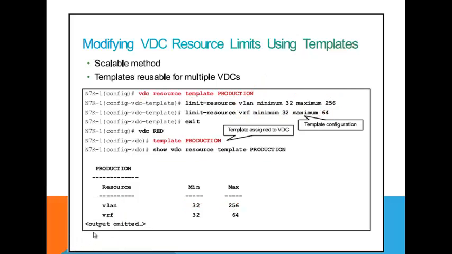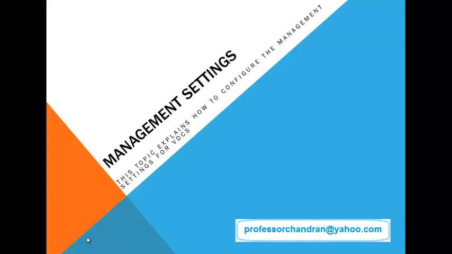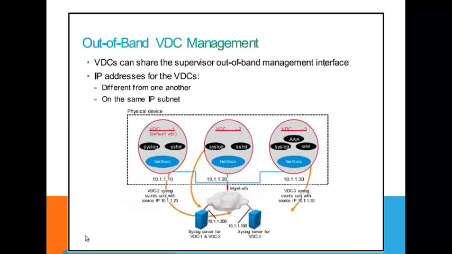Next is out of band management, which we already discussed. If you want to manage VDCs, we can do telnet, we can do SSH, we can take syslog using SNMP, we can do many things, but to do management we need some interface.